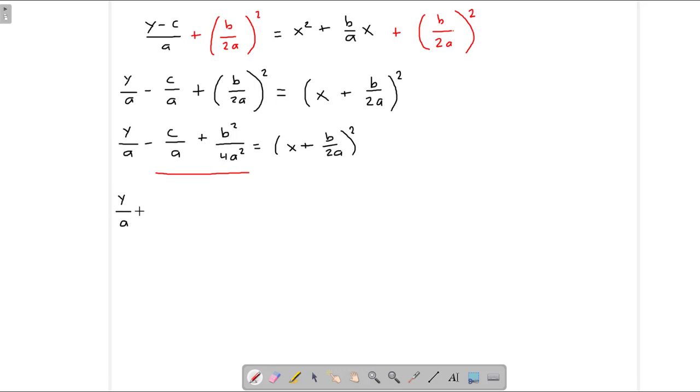So I already have an a here. I need to multiply by 4a on the top and bottom so that I can get to 4a squared for a denominator. Again, the right-hand side will stay the same.